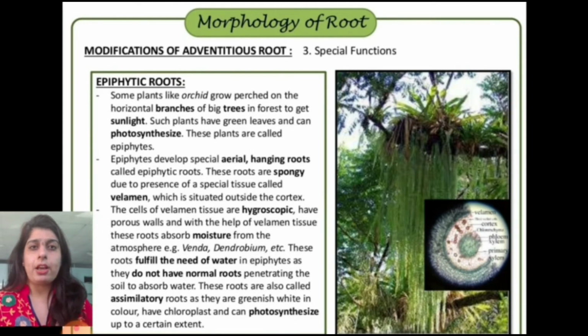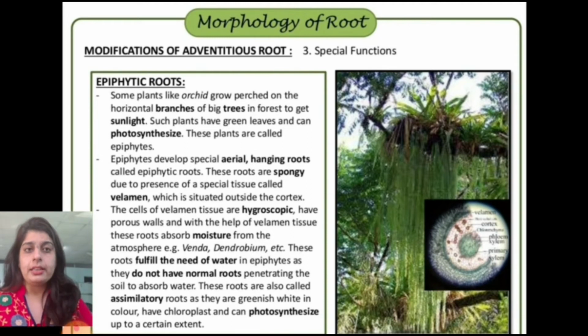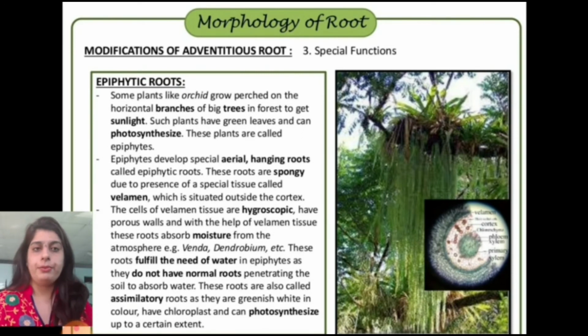Plants like orchids have epiphytic roots. Epiphytic roots are aerial roots, hanging roots, and these roots are very spongy in nature. You can see these kinds of roots in the picture. These kinds of roots are hygroscopic in nature.